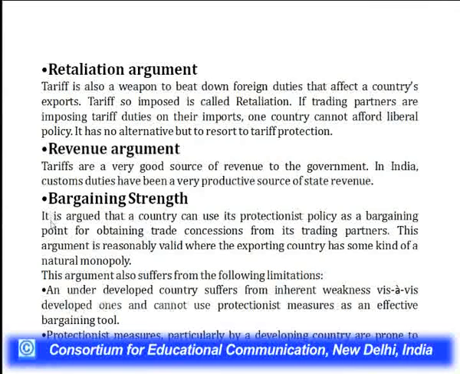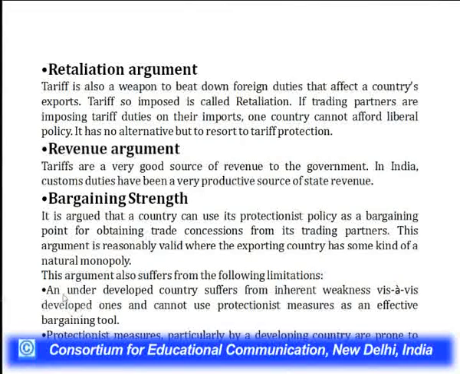Bargaining strength. It is argued that a country can use its protectionist policy as a bargaining point for obtaining trade concessions from its trading partners. This argument is reasonably valid where the exporting country has some kind of natural monopoly. This argument also suffers from some limitations.